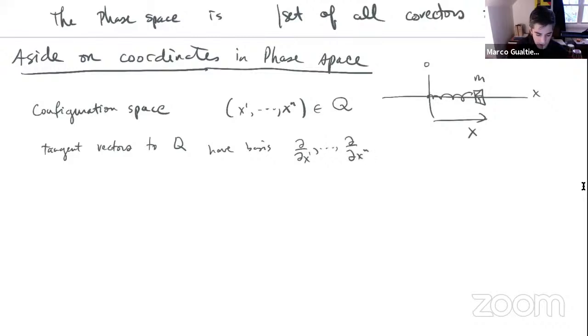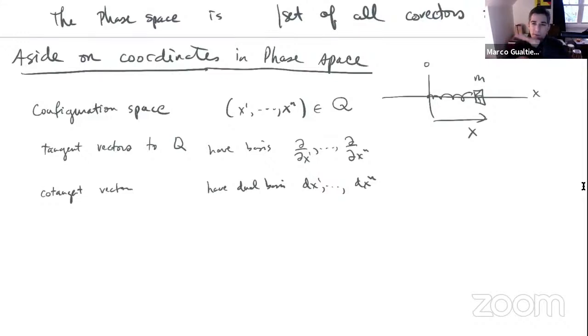And then the so-called cotangent vectors have a dual basis dx1 up to dxn. So I'm hoping that without going into too much formal mathematical nonsense, this is understandable in the sense that every point has a tangent space.